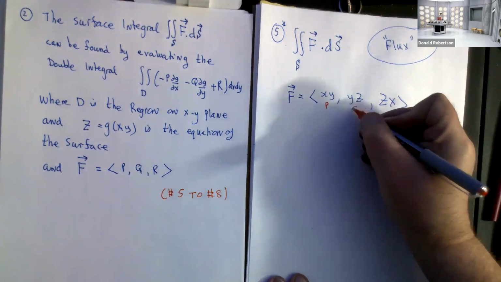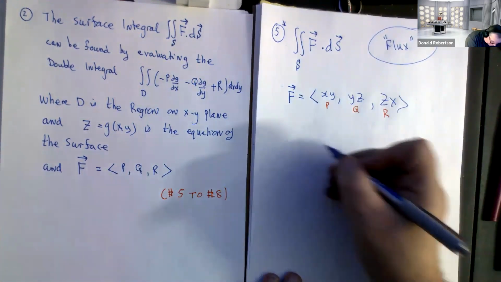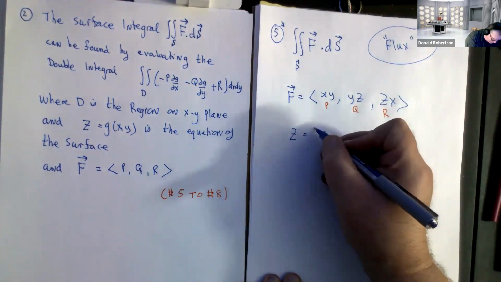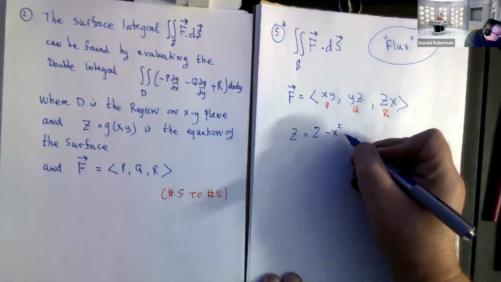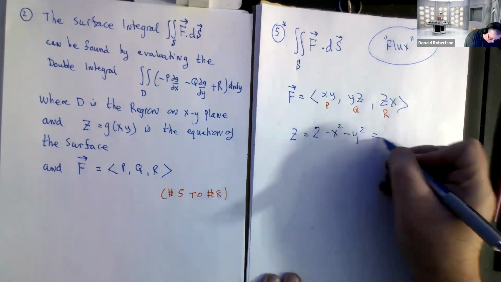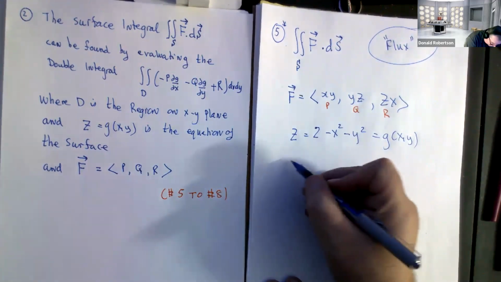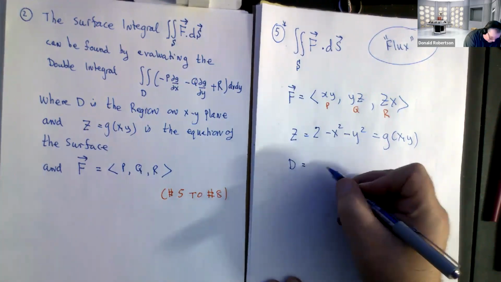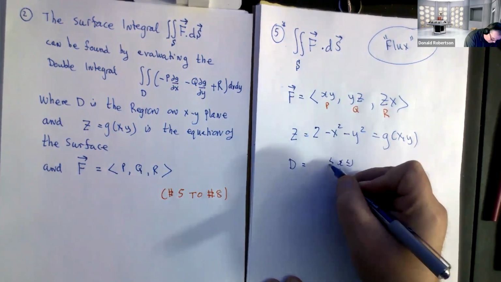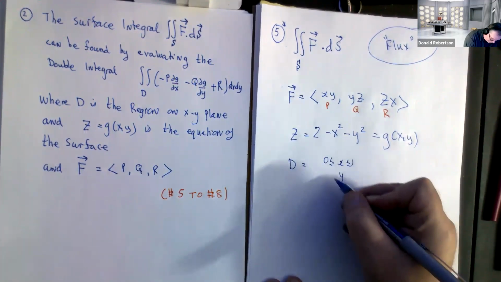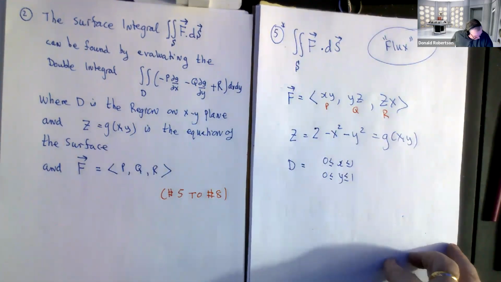So that's your P, your Q, and your R. And the surface z, they have told us, is 2 take away x squared, take away y squared, and that's the function g of x, y. And the region D in this question, they also tell us, is a nice little rectangle, actually a square, 0 to 1 by 0 to 1. And that's all the stuff you need.